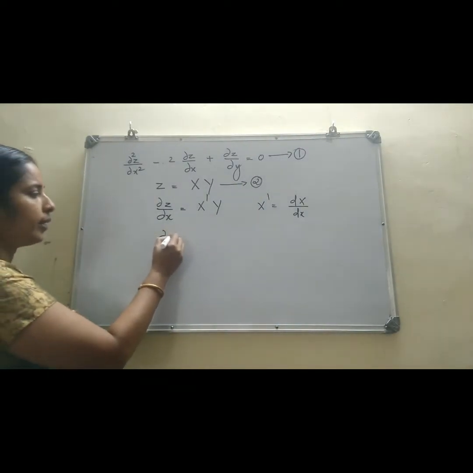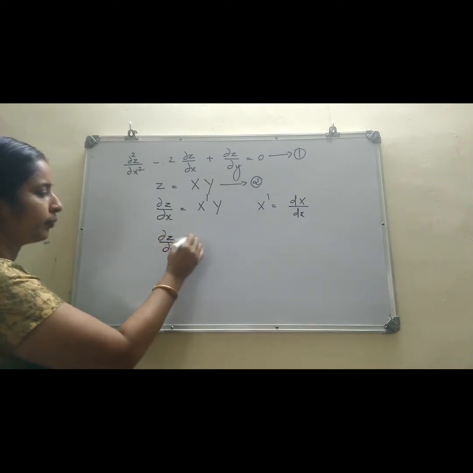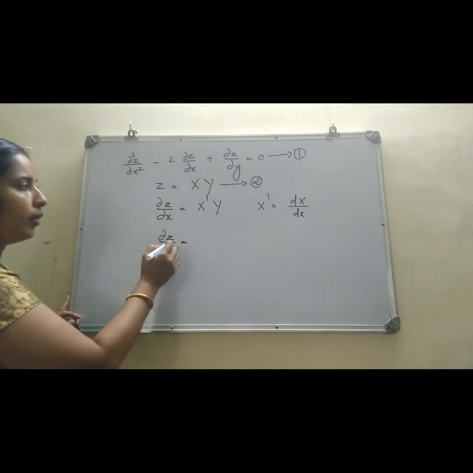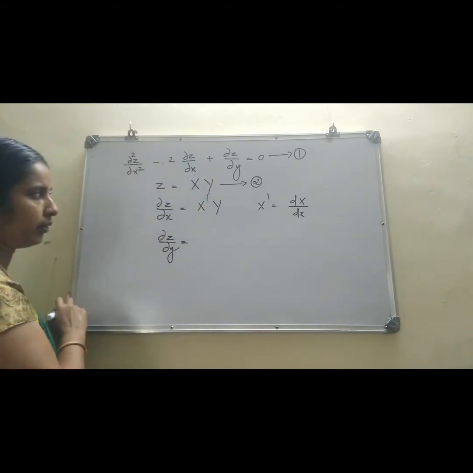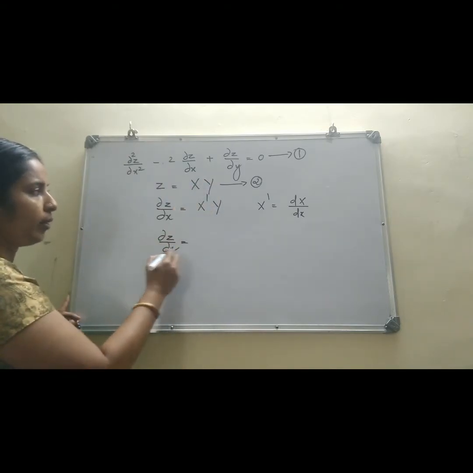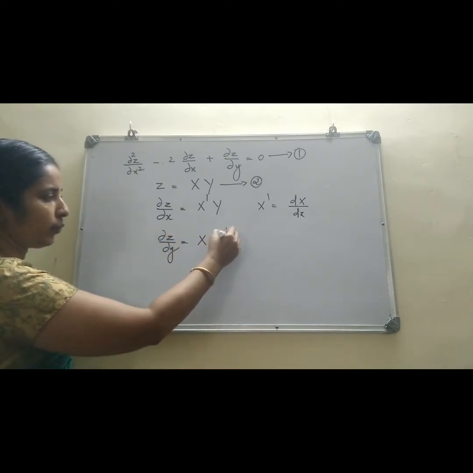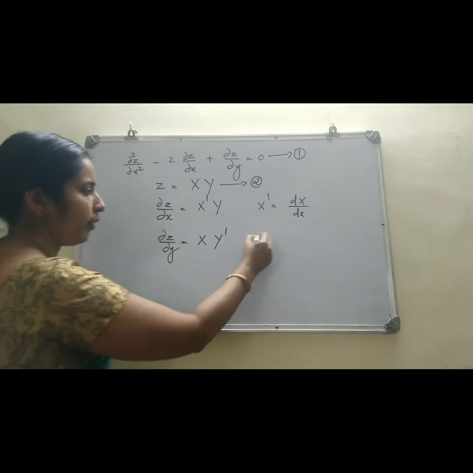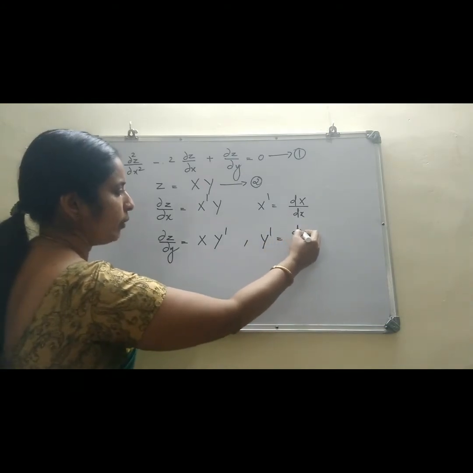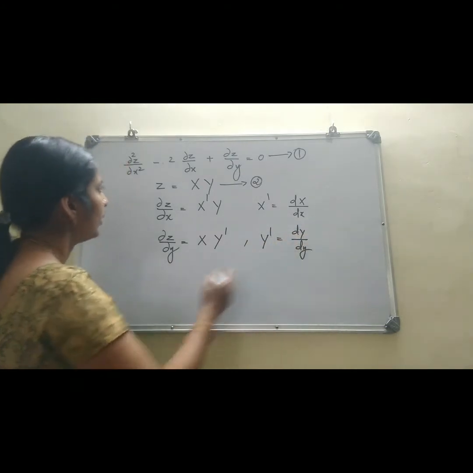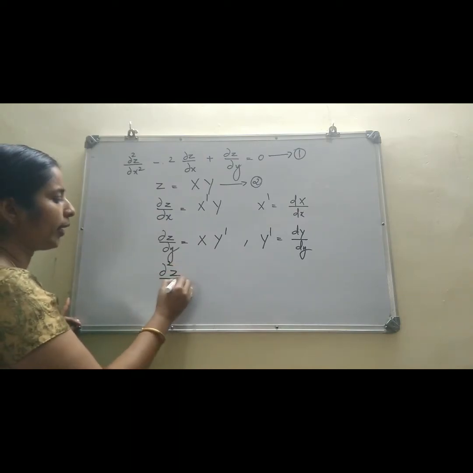Again, ∂z/∂y. See, Y is a function of y alone. So ∂z/∂y is capital X into dY/dy, that is XY′, where Y′ is dY/dy. Next, ∂²z/∂x².